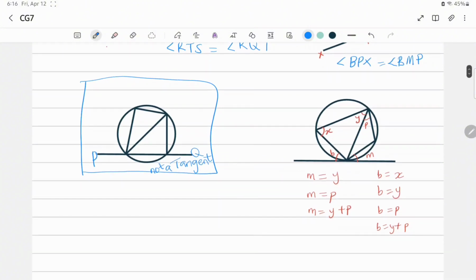So for this last diagram, we want to find out which of these statements are true. Is M equal to Y, or is it equal to P, or is it equal to Y plus P? I can see that the angle M is the angle formed by this chord and the tangent. So now, this is my chord. Let me use a highlighter so that you can see clearly.